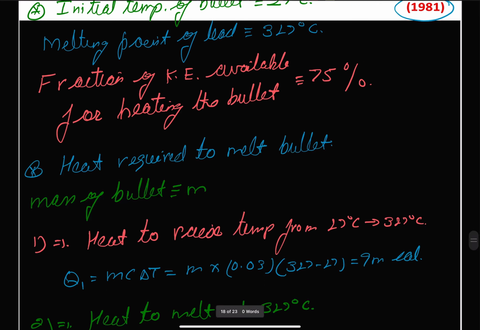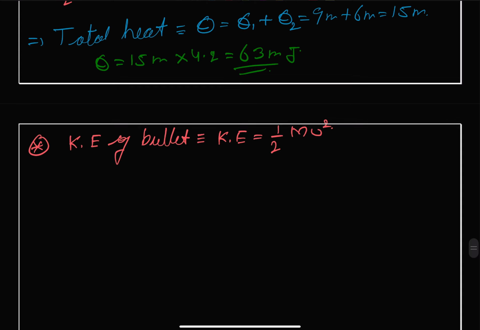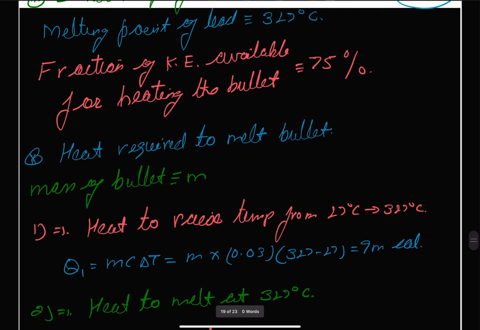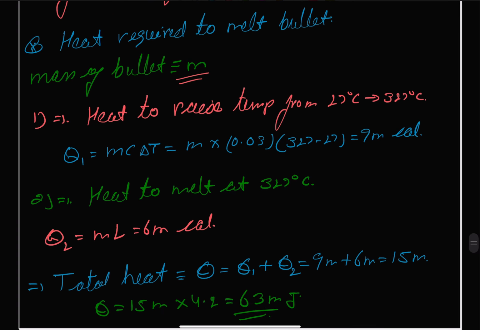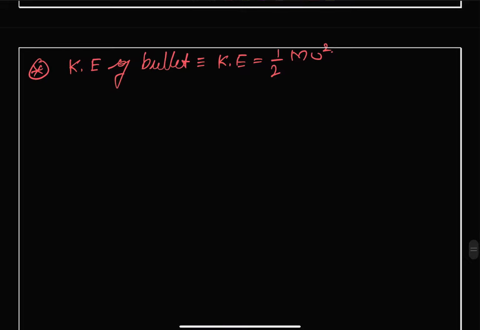Let me check, mass we have taken as m. Therefore, we can write that our kinetic energy is equal to half times 10 to the power minus 3 times m, and we are having v square.